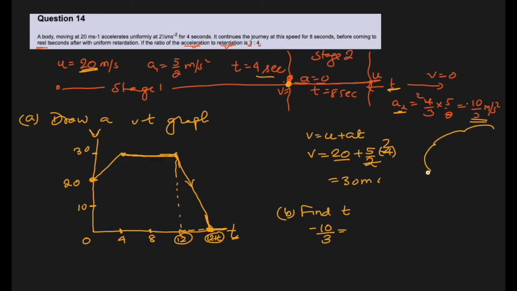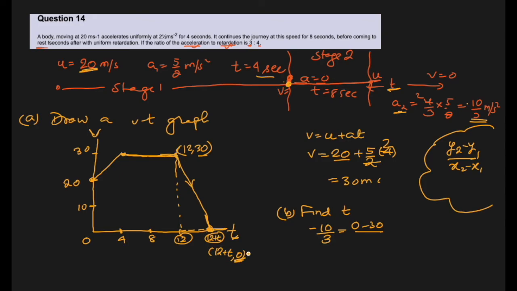Normally, the gradient is y2 minus y1 over x2 minus x1. So here it will be v2 minus v1 over t2 minus t1. So first let's write the coordinates of this one. They are (12, 30). And here the coordinates are (12 plus t, 0). So y2 minus y1: 0 minus 30, because it is going from there to there.